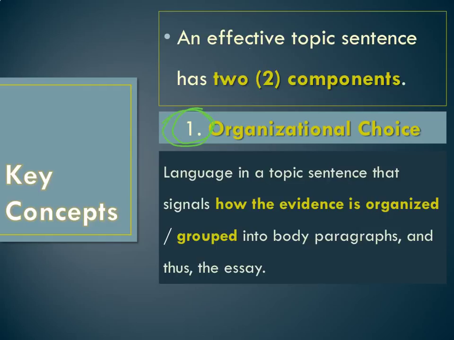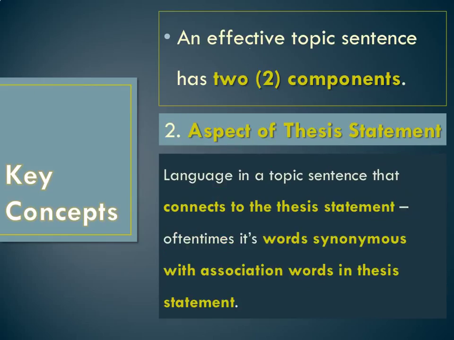And so that is the part of the sentence, it's language in the sentence that you're using to show the reader or to tell the reader how you're organizing or grouping the evidence into your body paragraphs and thus your essay. The second component or part that a topic sentence has to have is an aspect of a thesis statement or of your thesis statement.